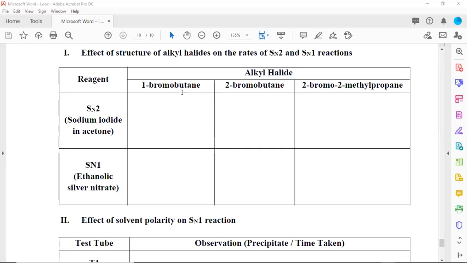Nanti you tengok, one bromobutane ni dia prefer SN2 ke SN1. Jadi kalau korang rasa dia dalam SN2, masa dia kena lebih cepat berbanding dengan SN1. Yang bromo methylpropane pula, dia prefer SN1 dan SN1 dia laju. Jadi korang kena letak masa SN1 ni lagi laju berbanding dengan SN2.